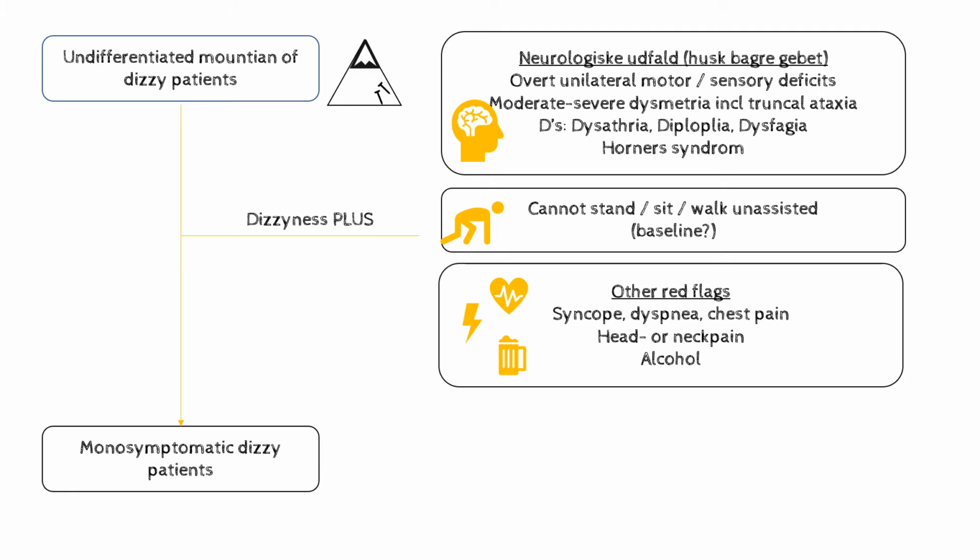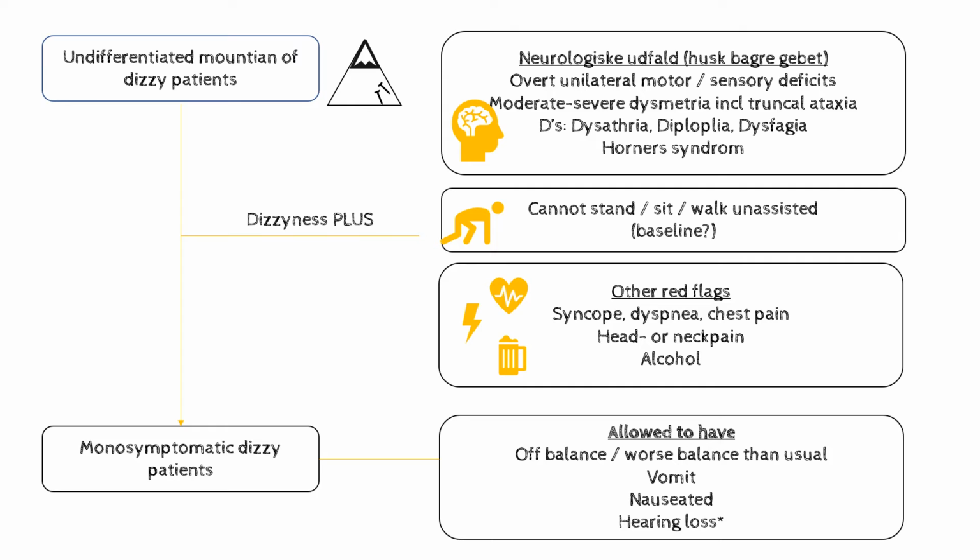The majority usually have an unspecific or medical condition, and that's why it's important to keep a broad mind about these things. But if you don't find any of these, and as we will go through in a little bit, if you don't have any of the specific findings from these monosymptomatic presentations, then usually the end of the algorithm is that this is an unspecific dizziness, where you need to think about medical conditions and other stuff.